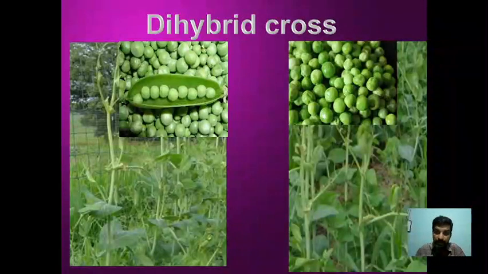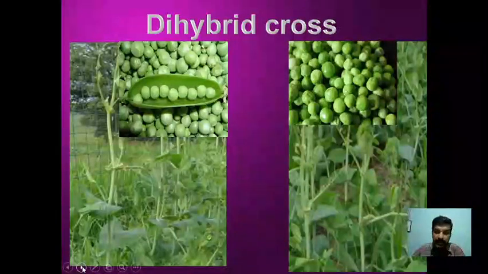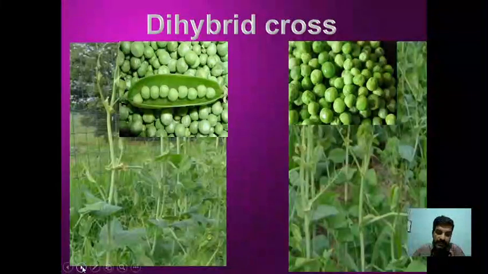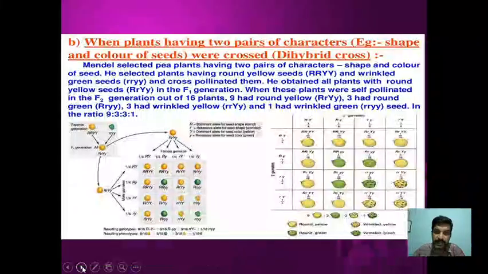Okay, together, how are they going to inherit? So the study of inheritance of two characters, which are controlled by two genes, is called a dihybrid cross.